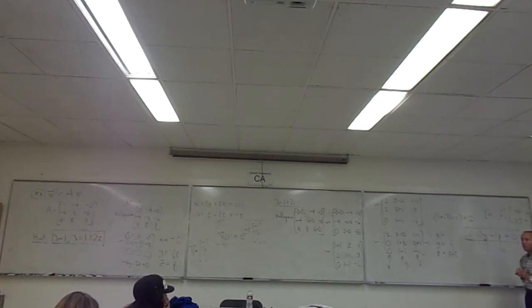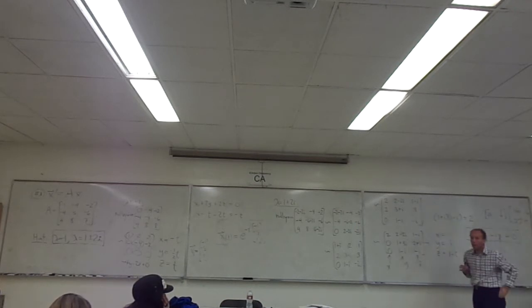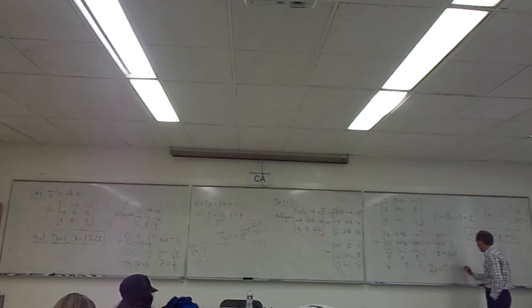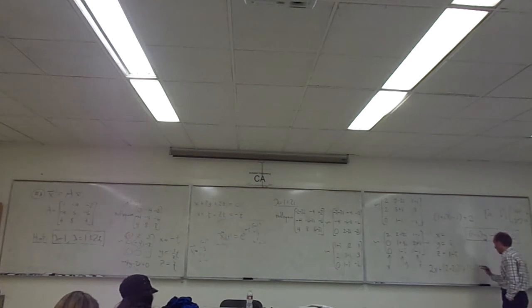Okay? Now I go back to the first line to try to figure out what x is. So the first line, I have 2x plus 2 minus 2i times y, which is i, plus 1 minus z times 1 minus i times 1 minus i, and we want that to equal 0.